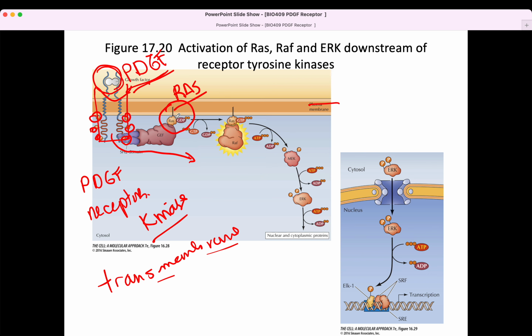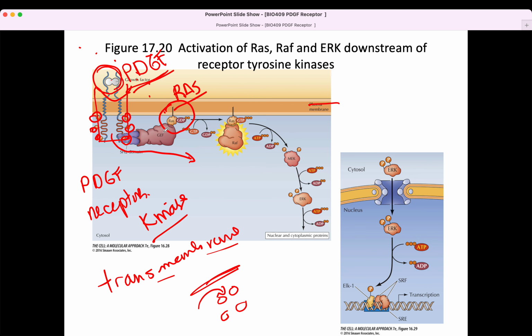So RAS is active under a scab. So there's a scab, and in the skin cells underneath it, RAS has been activated because the PDGF receptor is activated, because the PDGF is bound to it, because the PDGF got released from platelets. So see, we just have a series of steps that are cause and effect relationships so that we could say all these things are happening under a scab.